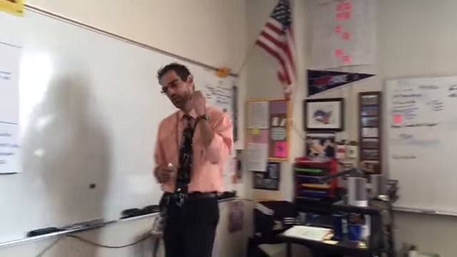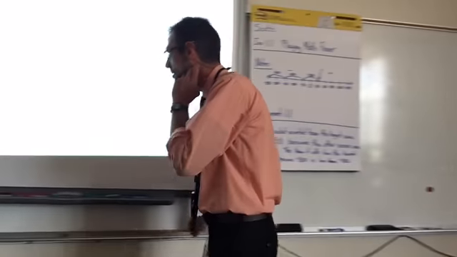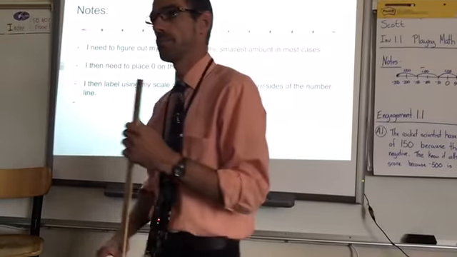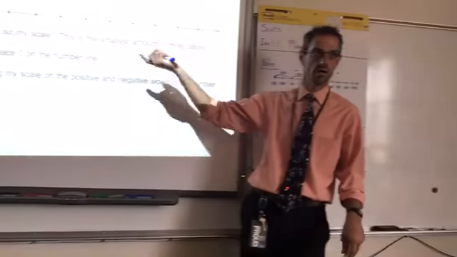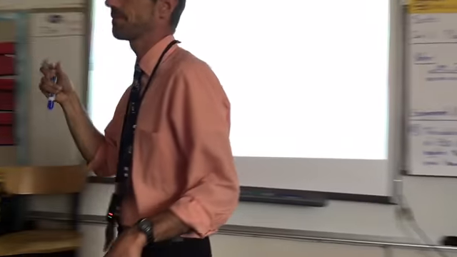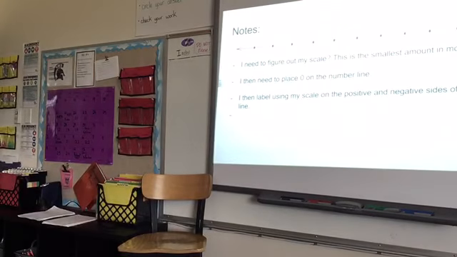So as you're trying to figure out your number line and your scale, one of the things that you can do is to think about the smallest amount. In the game that we just saw, the smallest amount was 50. Where do you put the number line? Just right below the notes.